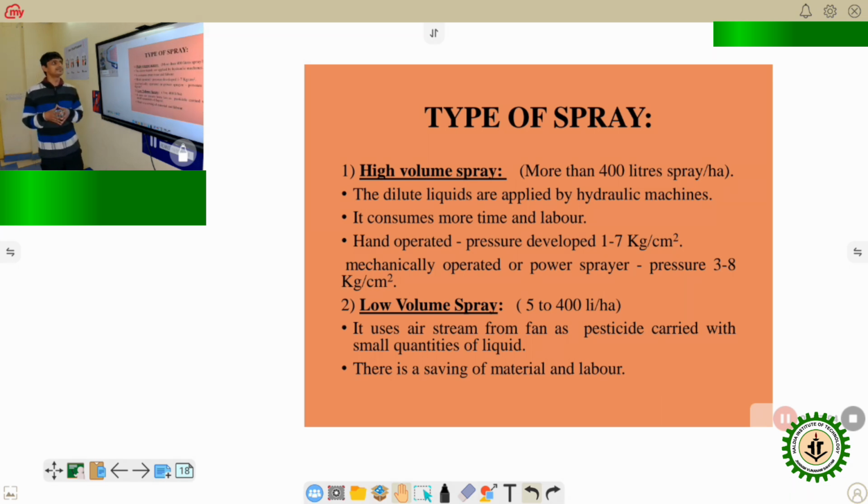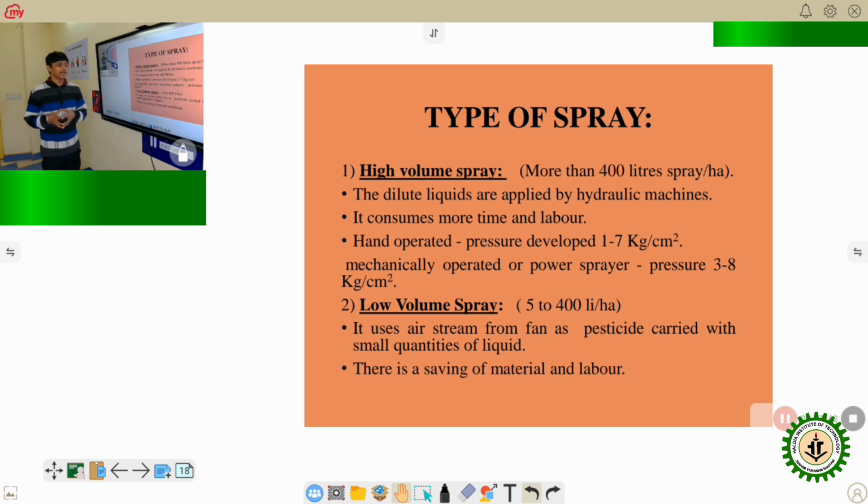Here we are presenting the different types of spray based on volume. First, high volume spray is when the spraying is more than 400 liters per hectare. So this is for a very large area, and hydraulic machines are generally used for this purpose.